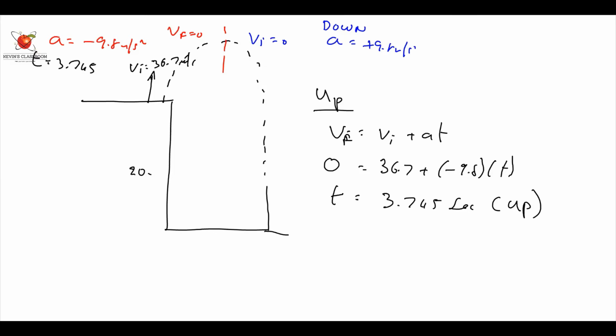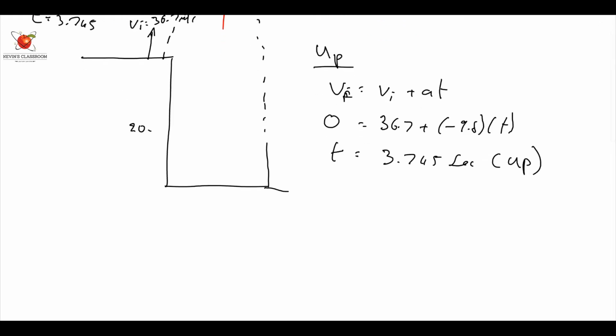I always like to put it onto my model afterwards, and I can also then say, how high did it go? We could do it using v final squared equals v initial squared plus 2a delta y.